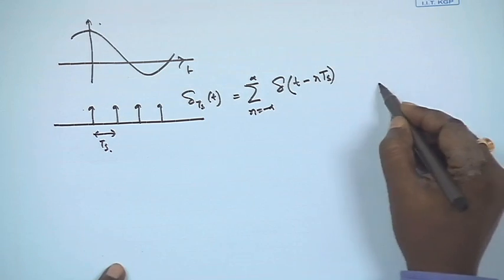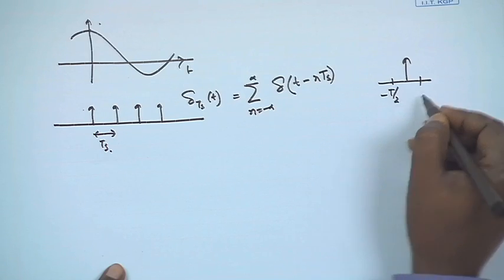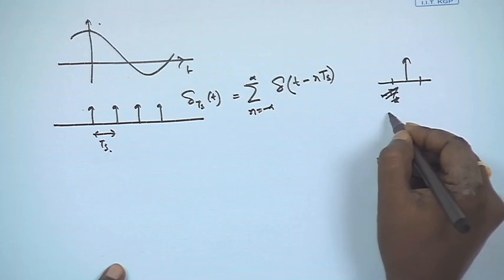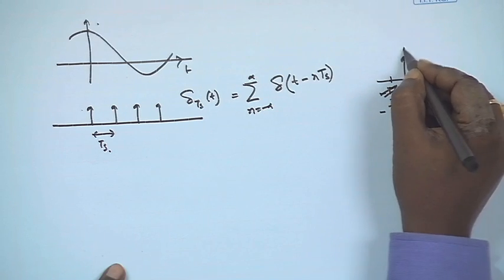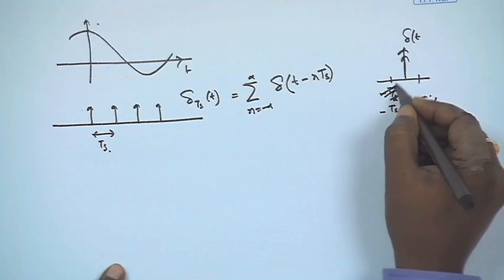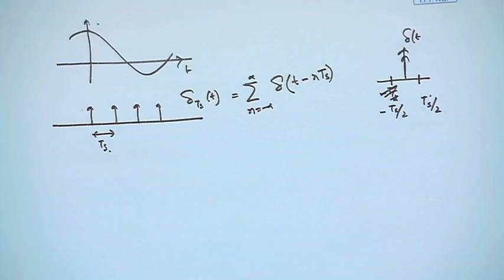The basic signal is something like this, from minus Ts by 2 to plus Ts by 2. This is just a delta function, and it gets repeated. That is the train of delta functions.